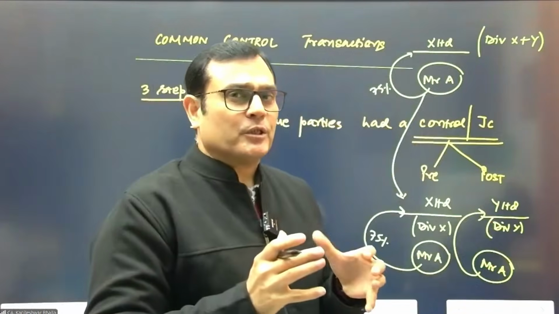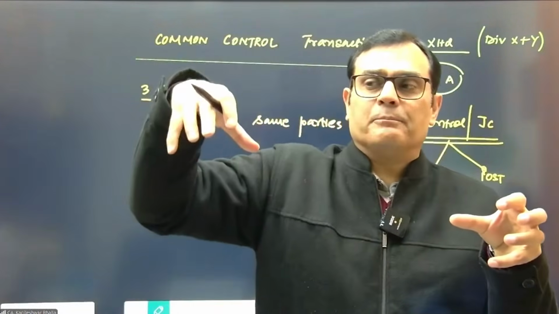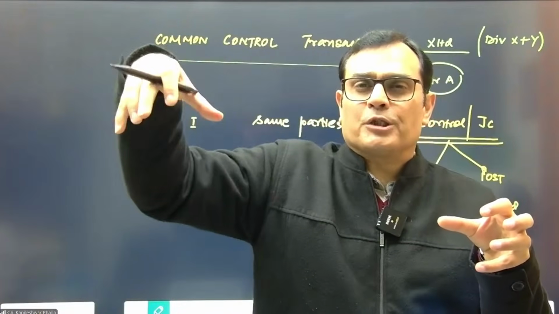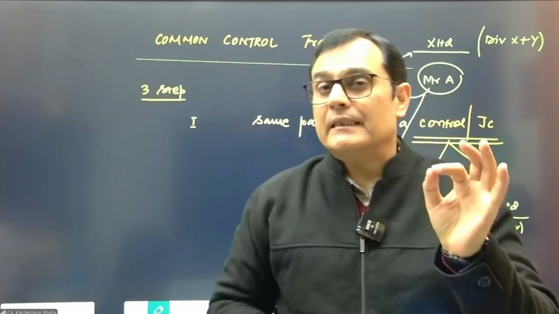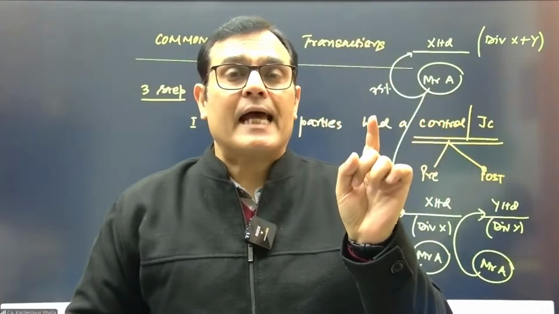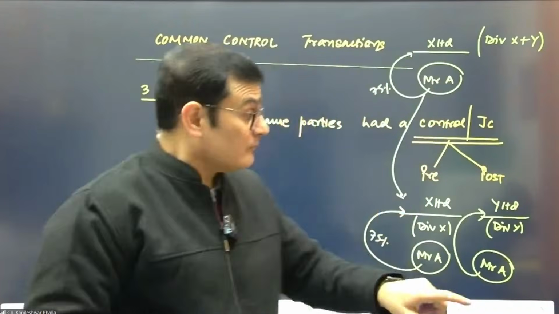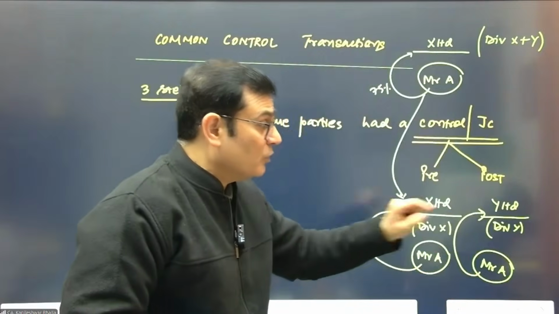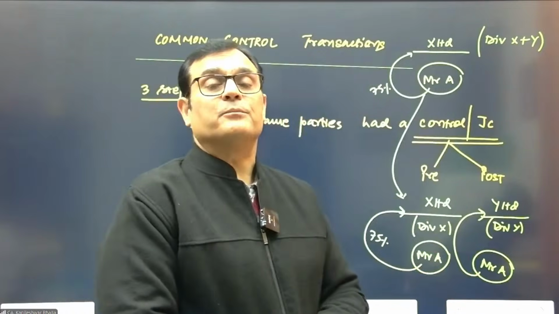Because he is the shareholder of X, and when the company Y is created, the shares of Y are given to the shareholders of X Limited, let's say in the same ratio in which they had the holdings in X. So in this case, you can say Mr. A is now in control of X as well as Y Limited, both.